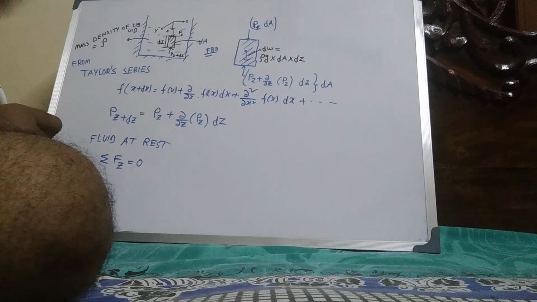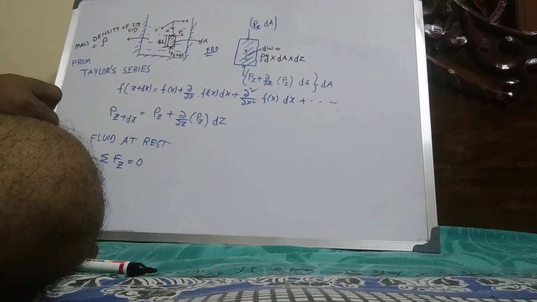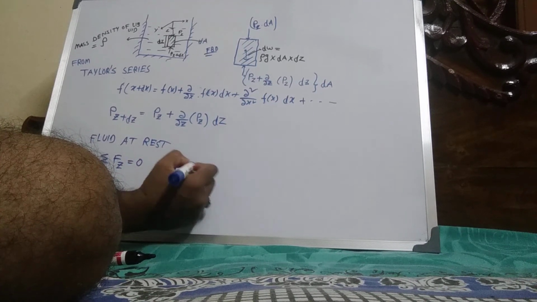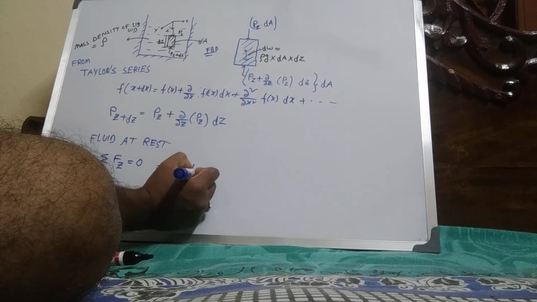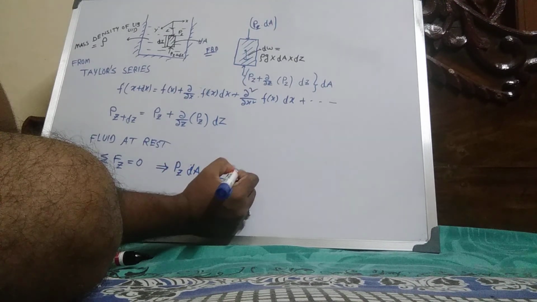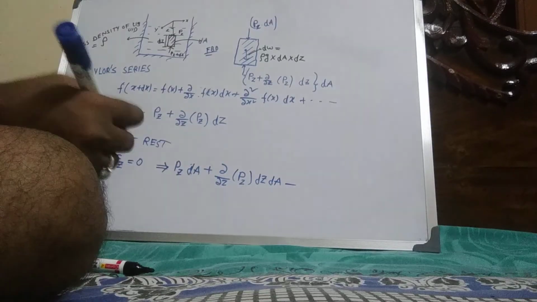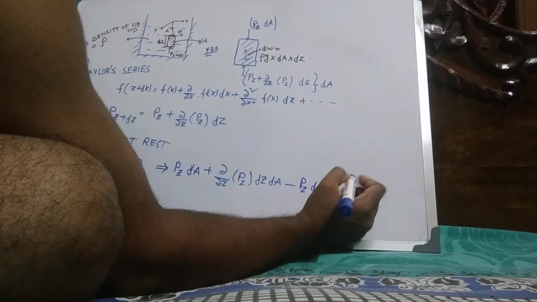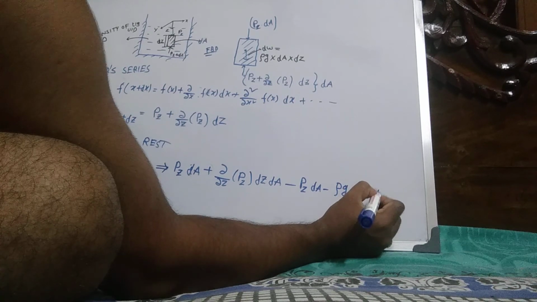We consider the downward force negative and the upward force positive. The upward force is Pz plus dz into dA, minus the downward force Pz into dA, and also minus the weight rho g dA into dz, equal to 0.